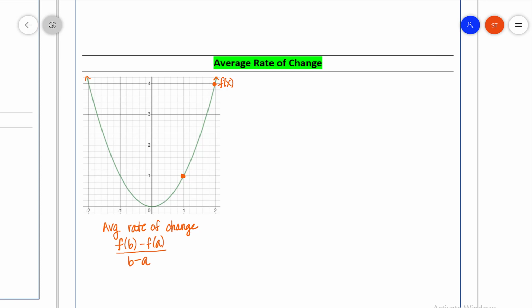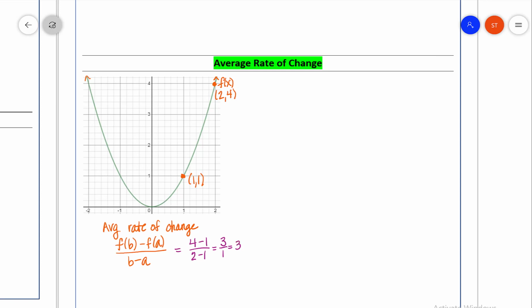If I label these points, I have 1, 1 and 2, 4. Then I can find the average rate of change just by subtracting the y's. 4 minus 1 over the x's, which is 2 minus 1. It doesn't matter which point you put first and which one second. And so then we have 3 over 1, which is 3.